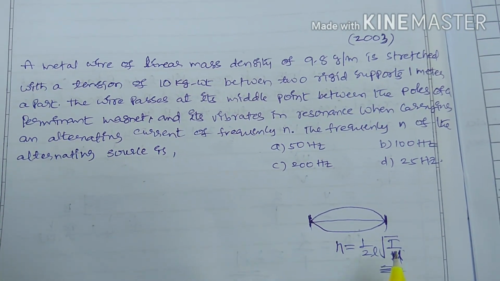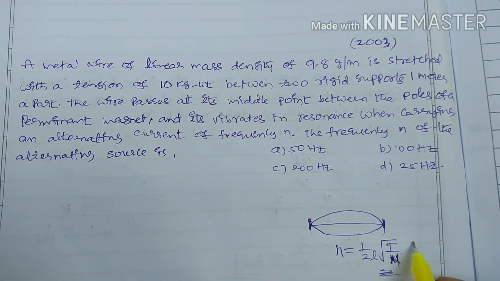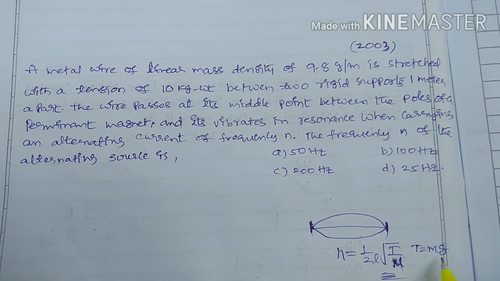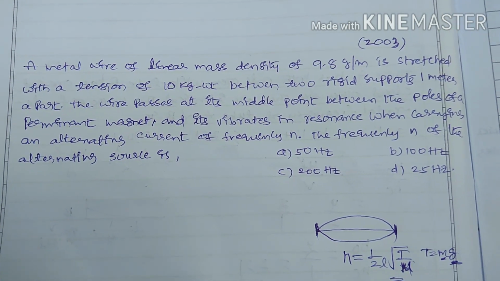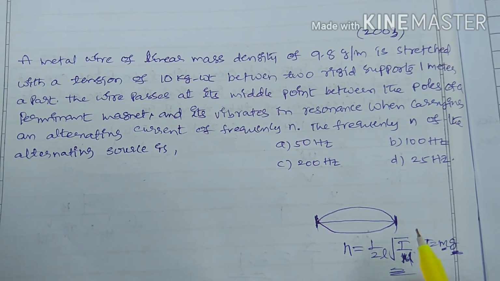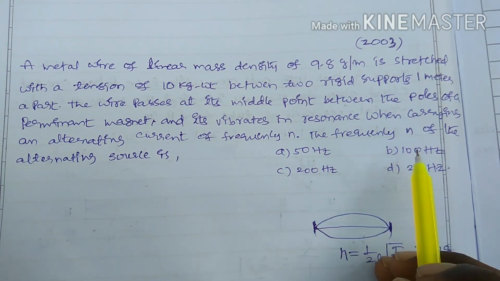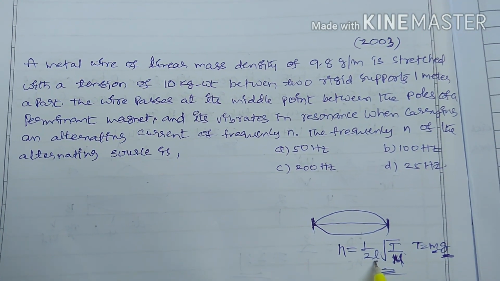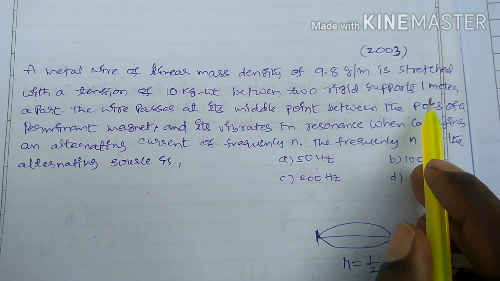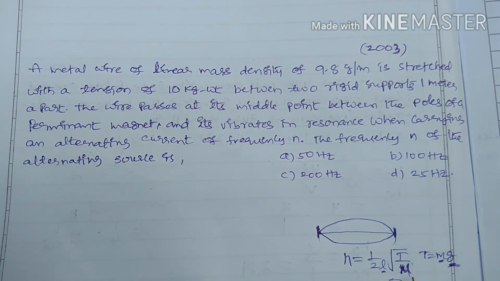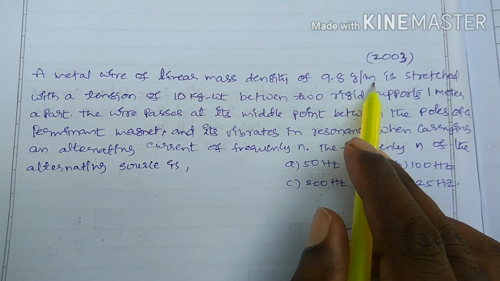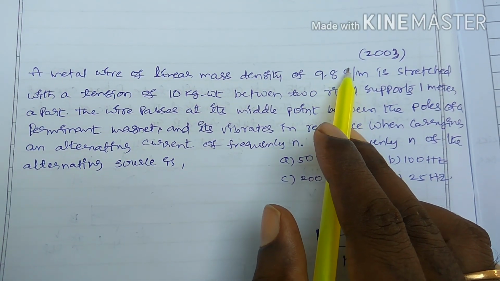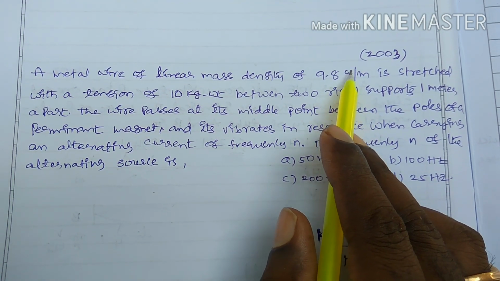T is the tension in the string, that is T is equal to mg, mass into acceleration due to gravity. L is the length of the wire, which is given as 1 meter, and mu is the linear mass density, which was 9.8 gram per meter. So it will be converted into kilogram: 9.8 into 10 power minus 3.